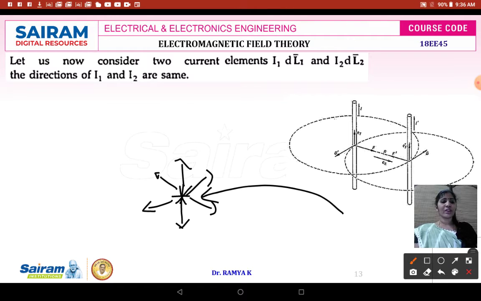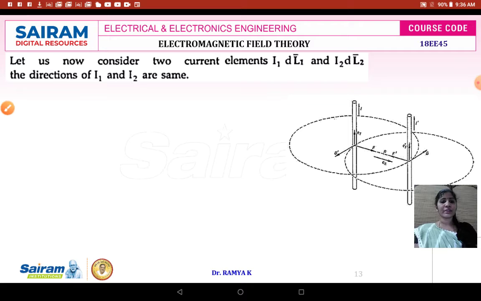In the same way, when you have two conductors, conductor 1 and conductor 2, and you pass current through a conductor, it exhibits a field, and the field direction is shown like here. When this field interacts with the other current, only then will it be recognized, and there will be a force of attraction or force of repulsion.